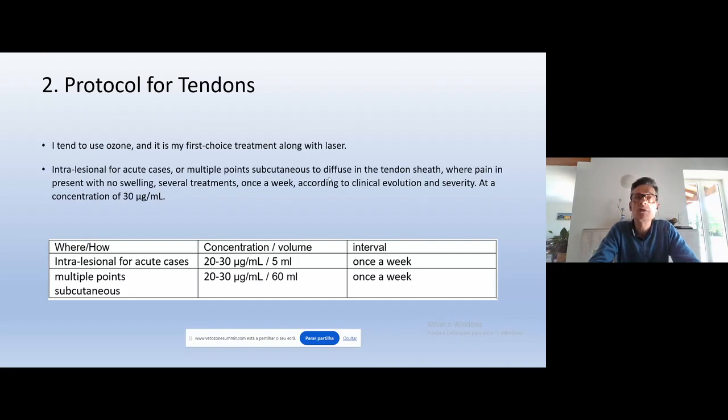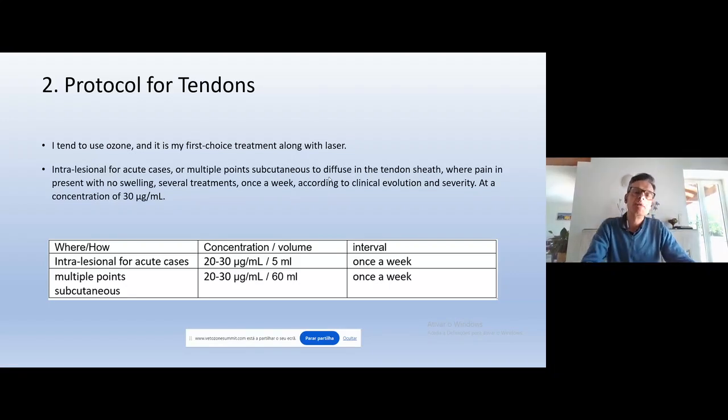Usually the intralesional is within the first week of lesion, and this is done also with the PRP. And then in the subsequent follow-ups, I tend to use subcutaneous injection.